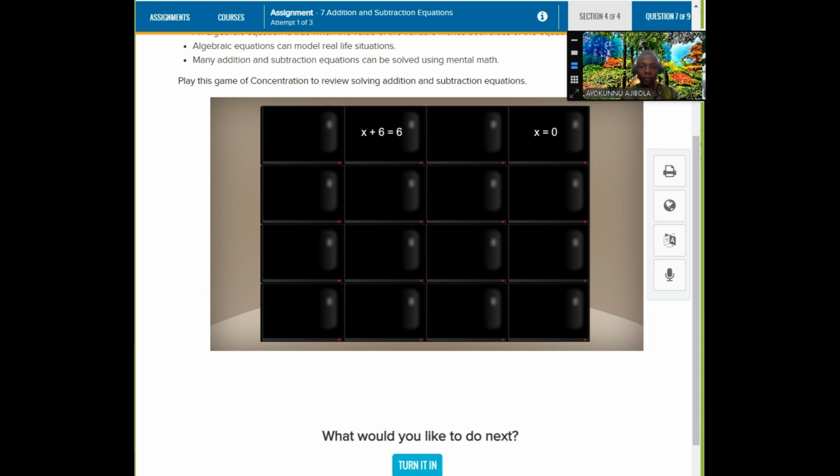Yes. Okay. And out of the ones that are at the top, we have the first one here that says 9 minus x is 8. Then we have the third one here that says x plus 8 is 14.